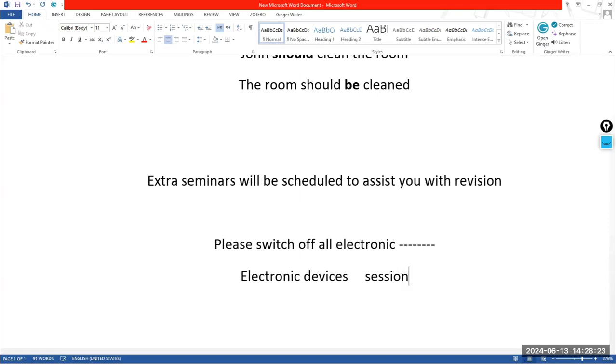Now we have session. Let's apply the words to have a meaning. These are the nouns that we have. Electronic devices. Absolutely, if you are dealing with electronic devices, you have to use the verb switch. Switch off, switch on. For example, switch the fan off, switch the light on.